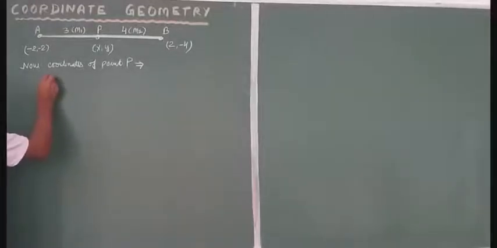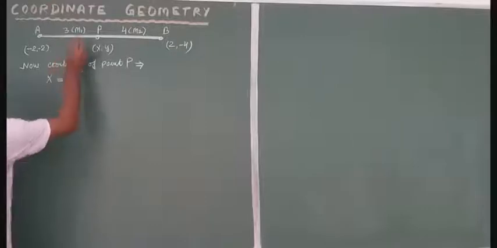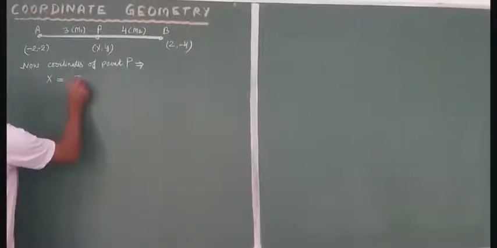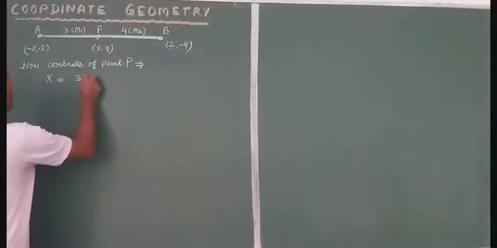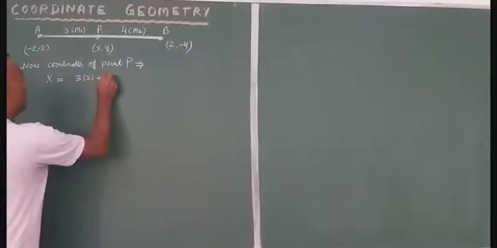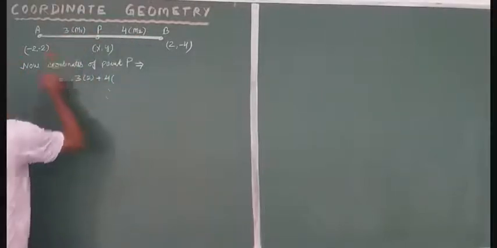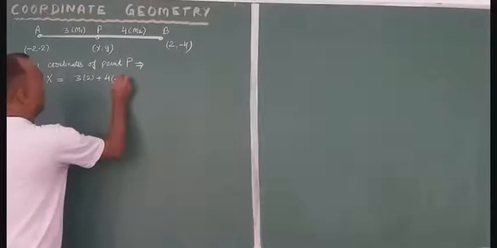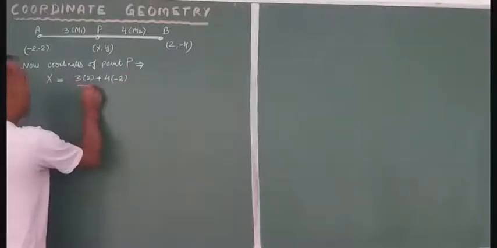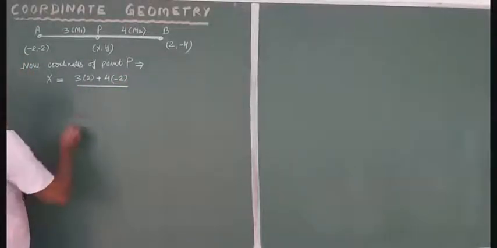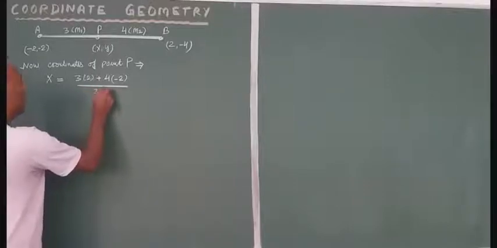Abscissa will be equal to (M1 x2 + M2 x1) divided by (M1 + M2). M1 is 3, x2 is 2, so M1 x2 plus M2 x1, divided by M1 plus M2, that is 3 plus 4.